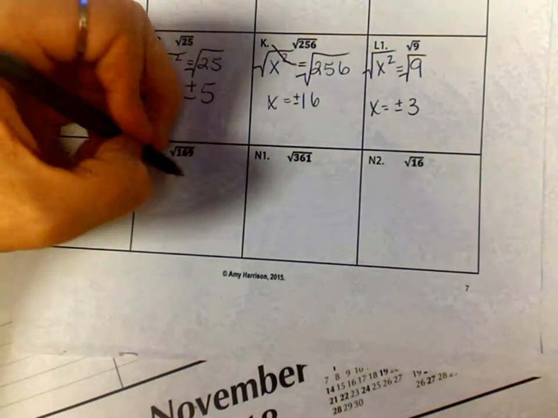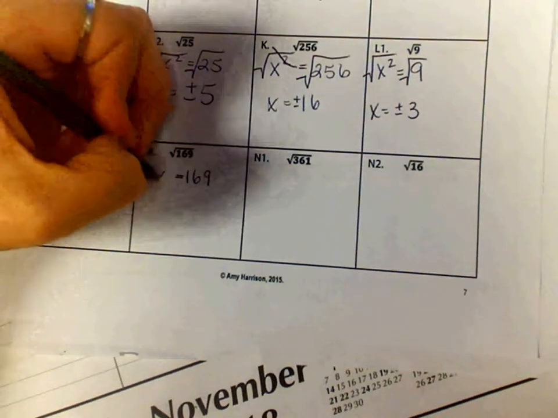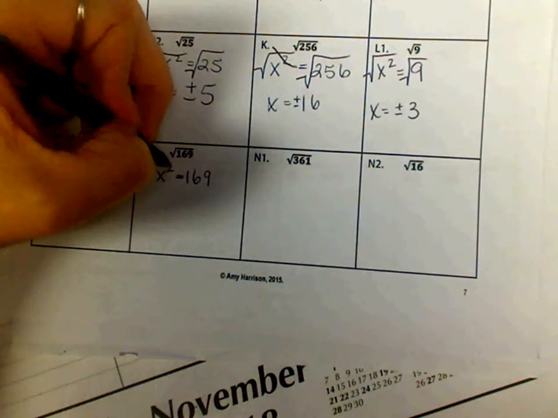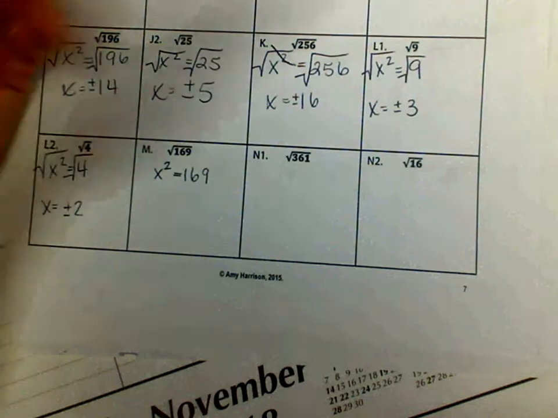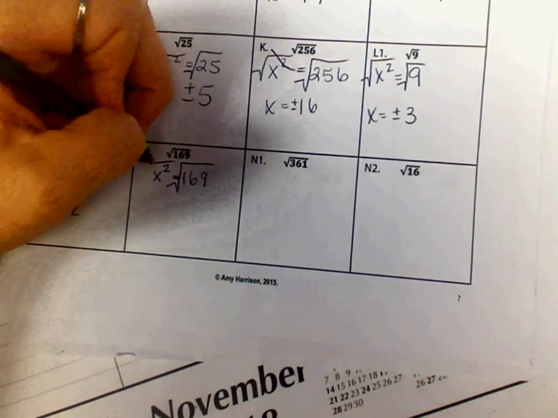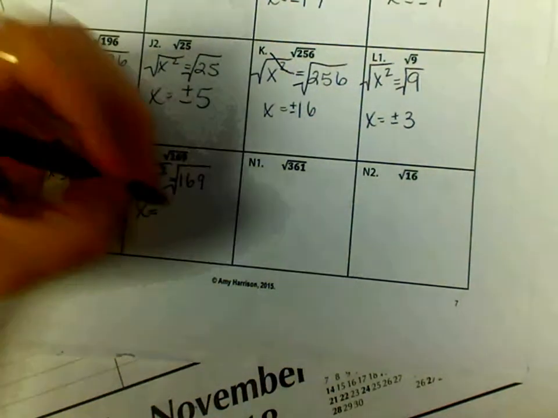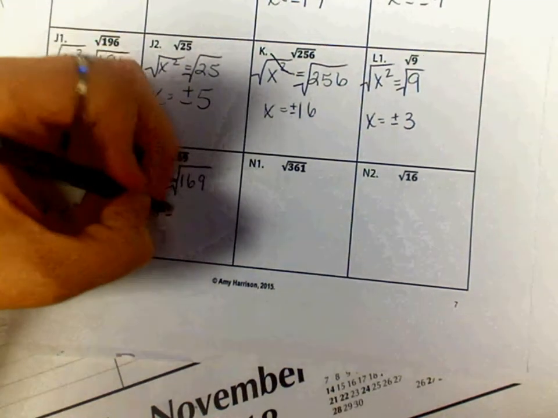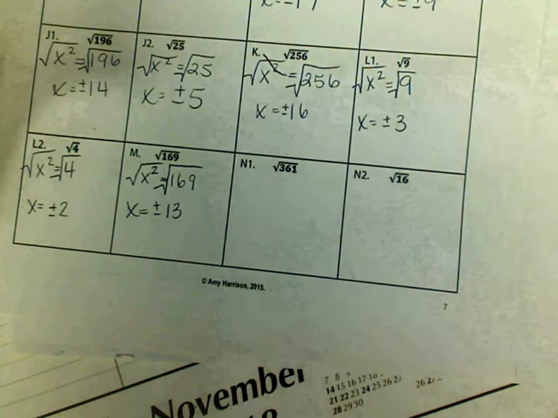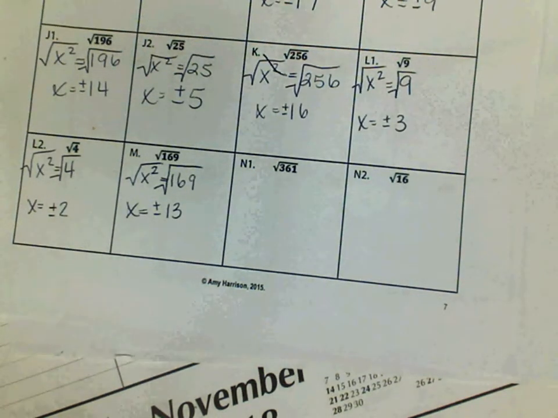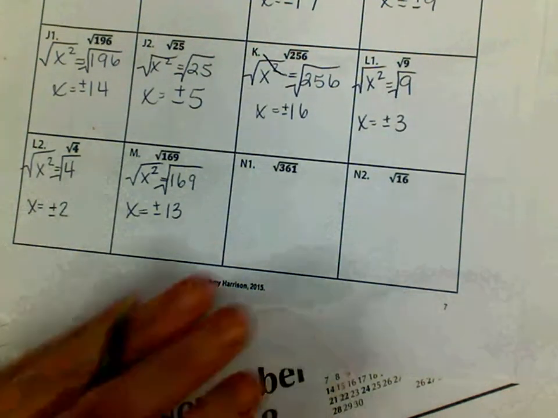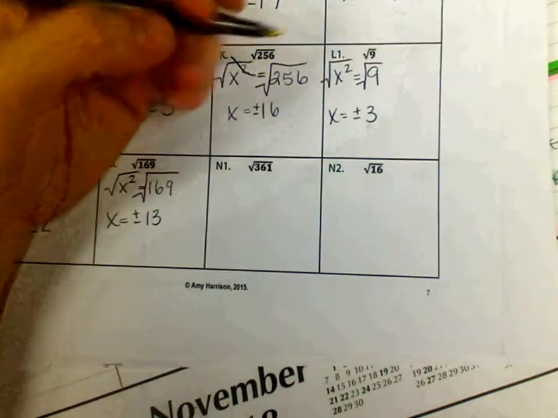Okay, 169. We want to find what number squared will give us 169, so that means we have to take the square root. So x equals the square root of 169, which is 13, positive or negative. Okay, 361.